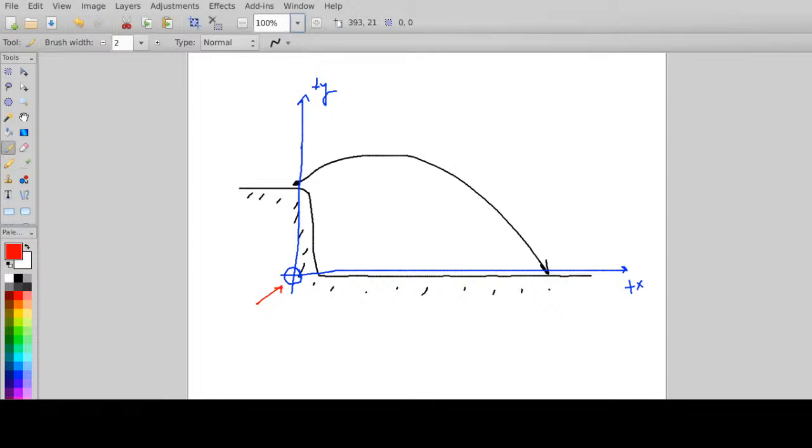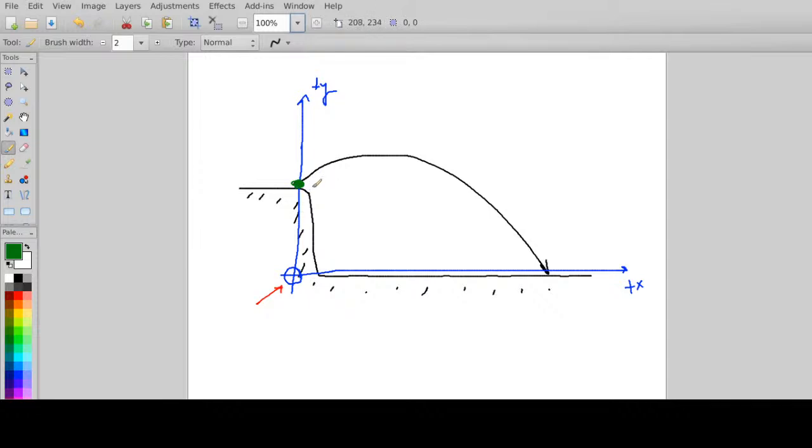The next thing is the initial velocity. Maybe I'll draw it in red. I tell you that the initial velocity is 10 meters per second and at an angle of 20 degrees above the horizon. You might say, well, where's this 20-degree angle in this diagram here? Actually, let me do it in green, a different color here. So this is where the rock initially is, right there where the green dot is.